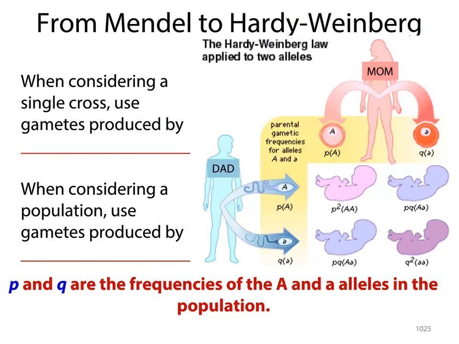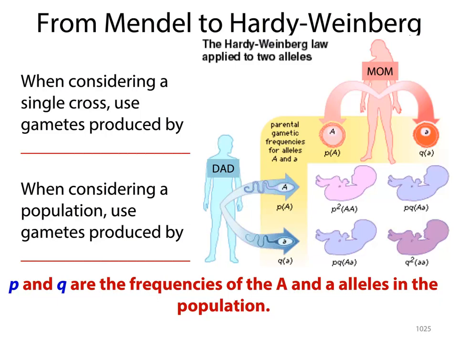All right, so when we're going from Mendel to Hardy-Weinberg, when you consider a single cross, you use gametes produced by what? Additionally, when considering a population, you use gametes produced by what? Little p and little q, as we've said, are frequencies in this particular example of big A and little a alleles in the population.